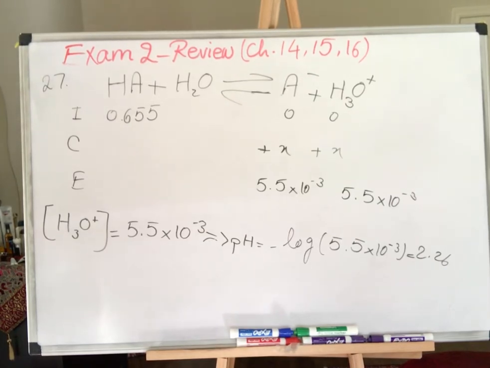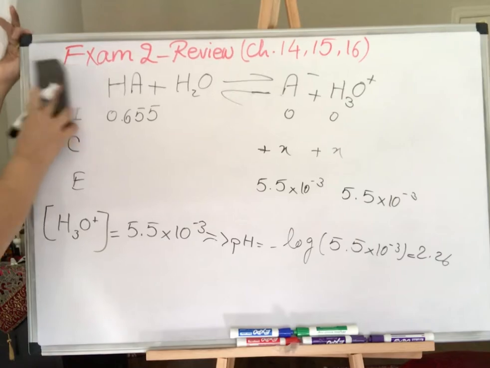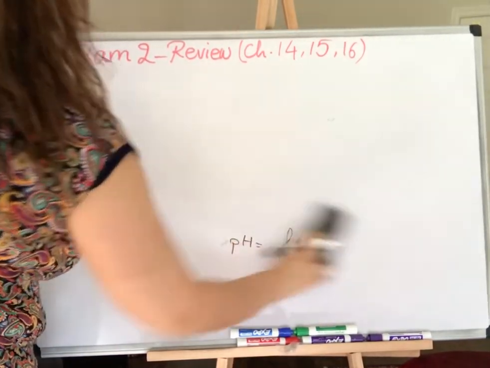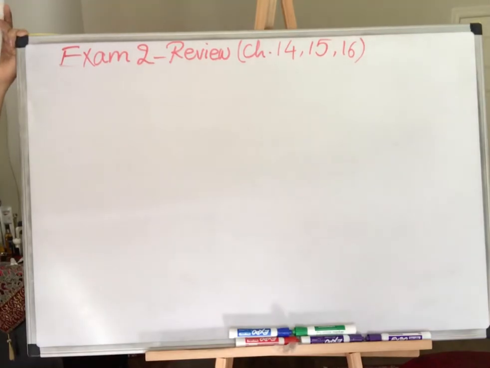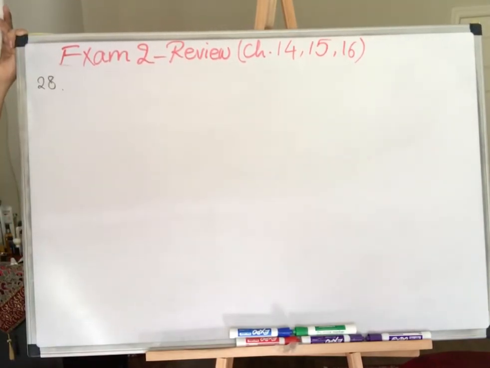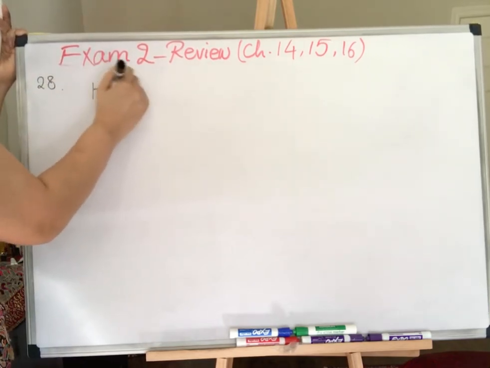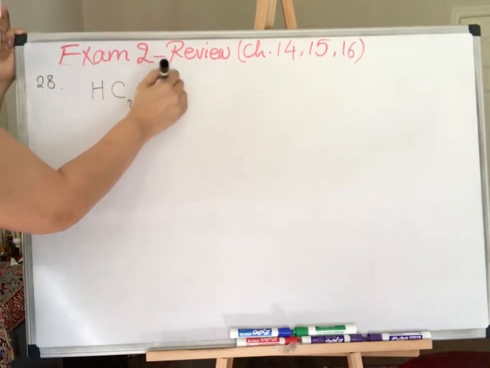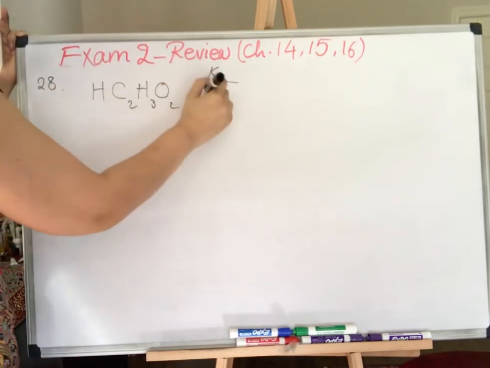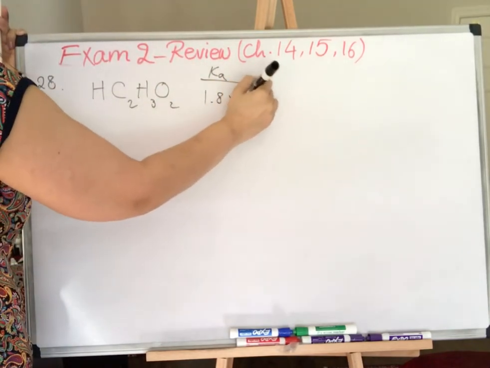Question 28 is conceptual. The three acids are given: acetic acid and their Ka values. The Ka value for acetic acid is 1.8 times 10 to negative 5.